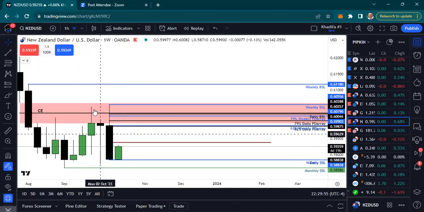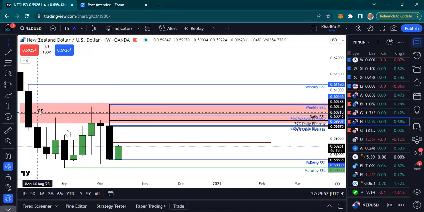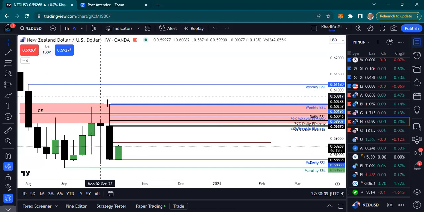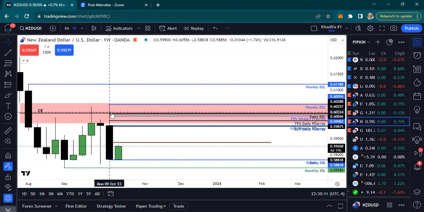However, we came up into this weekly fair value gap multiple times. Once here, twice here, three times here, right? And four times here. And both this time and this time, we broke back above that consequent encroachment, right? But price didn't close above that consequent encroachment and wasn't able to break above that fair value gap and close above the fair value gap.